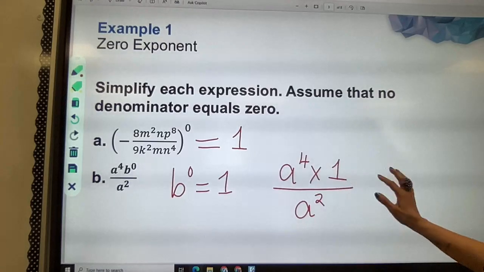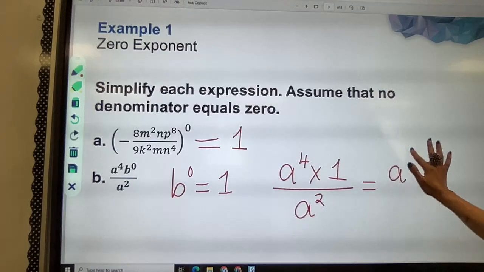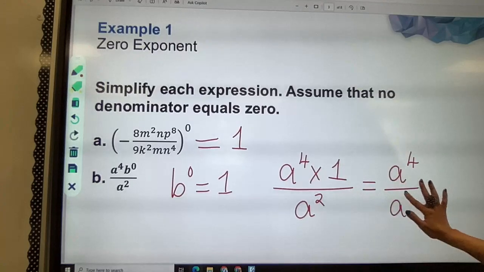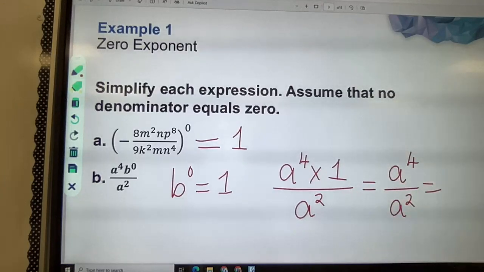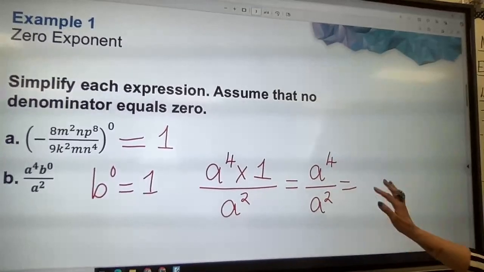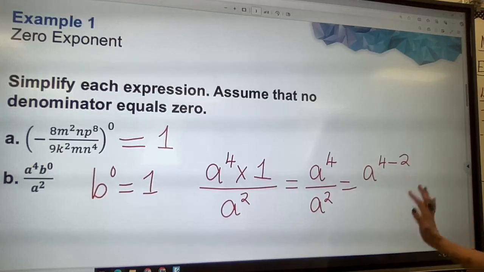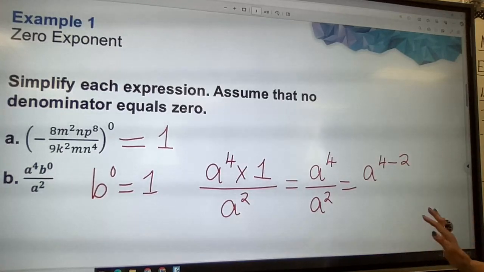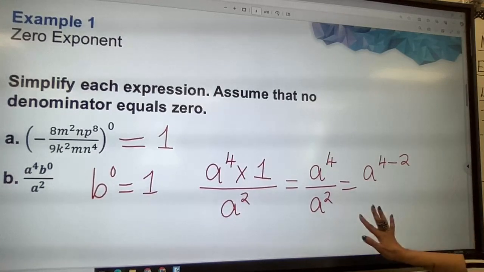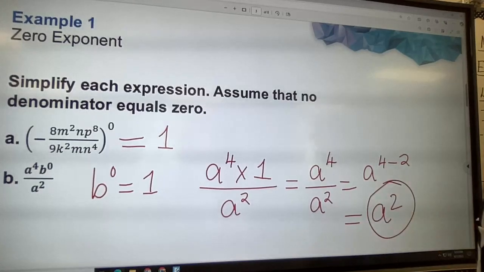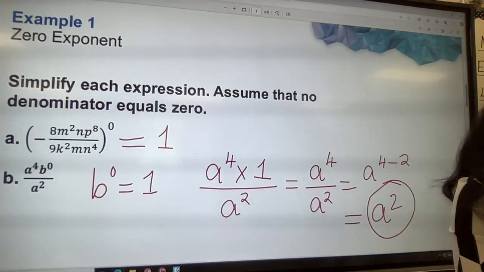So a to the 4th power times 1 over a squared, and we have done this before, gives me a to the 4th power minus 2, and my answer is going to be a squared. That is my final answer.